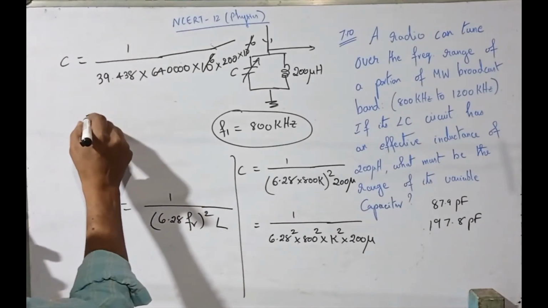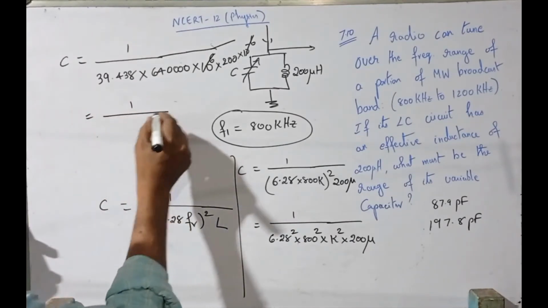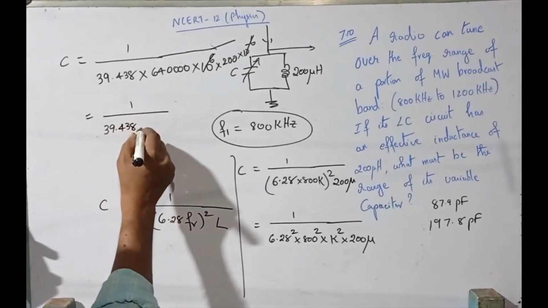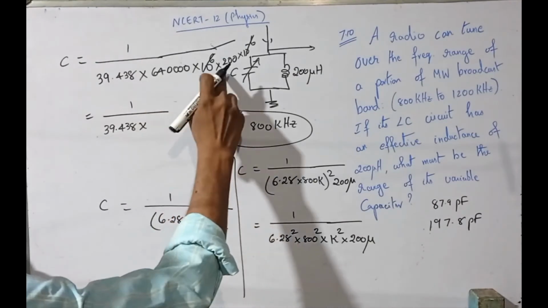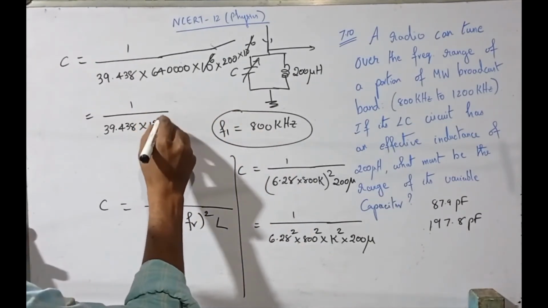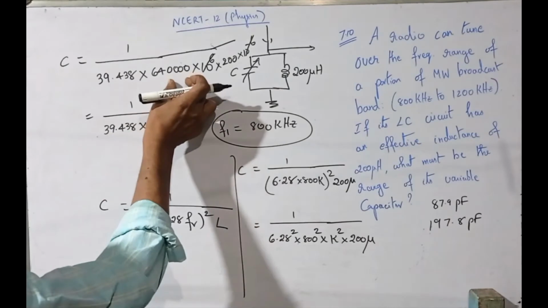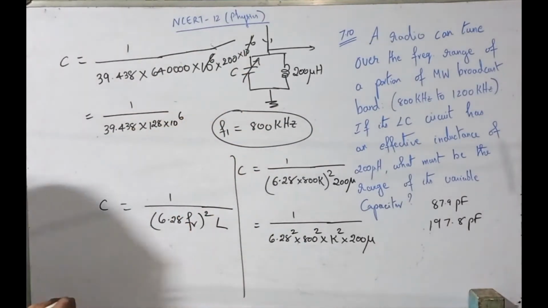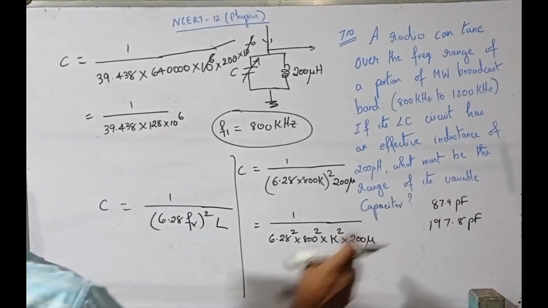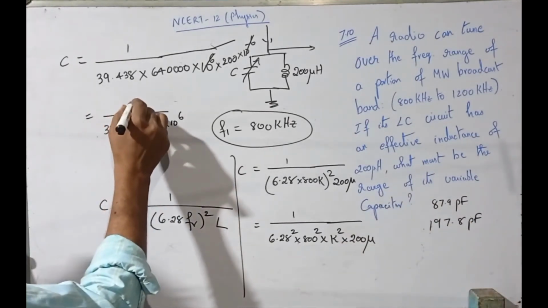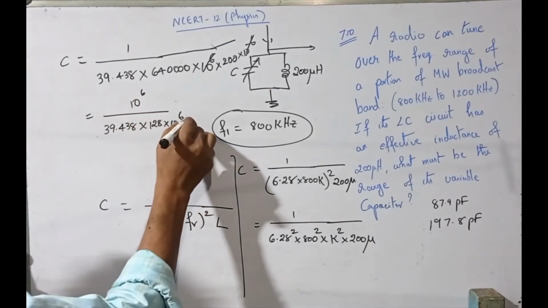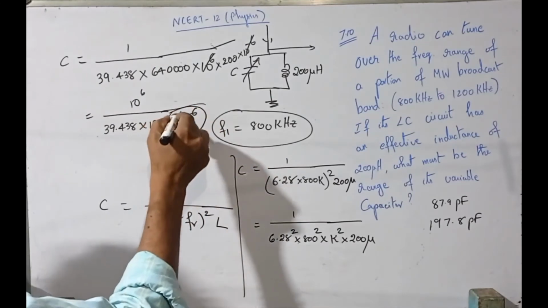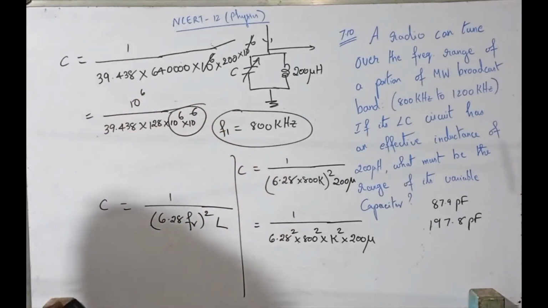So now you have 1 divided by 39.438 into 64 into 2, 128. 128, you have 4 zeros here, 2 zeros, so that means into 10 power 6. I want to answer in picofarad, so what I do is multiply by 10 power 6 and divide by 10 power 6. Now this will be 10 power 12, and when it goes to the numerator it will become 10 power minus 12.